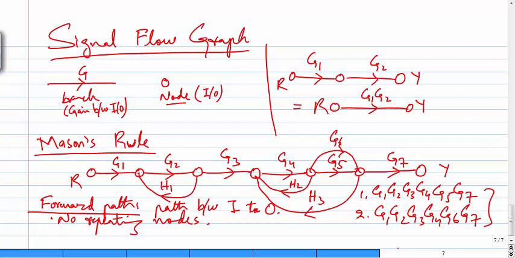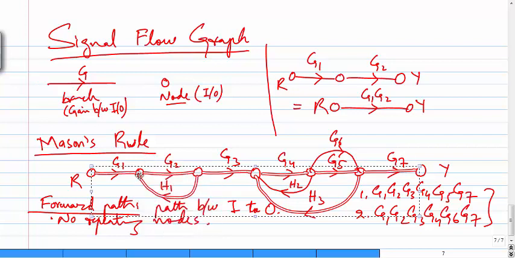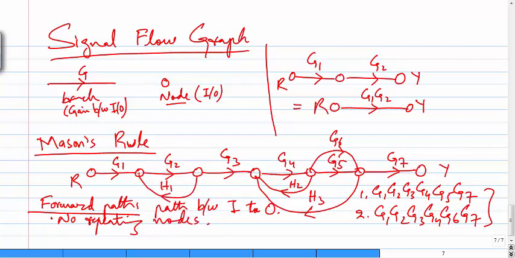Now the next thing is loops. If you start at a point and you come back to that point after traversing, it is known as a loop. For example, if I start here and go to this node, then I come back to this node where I started, this is a closed path and this is a loop. Loop 1. Look here, there's another loop, loop 2.